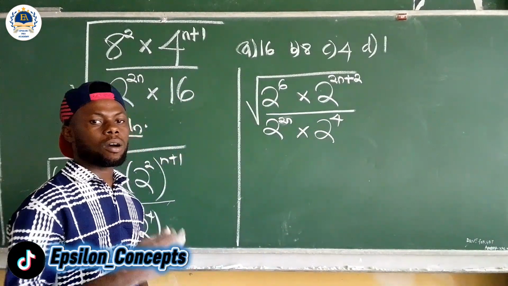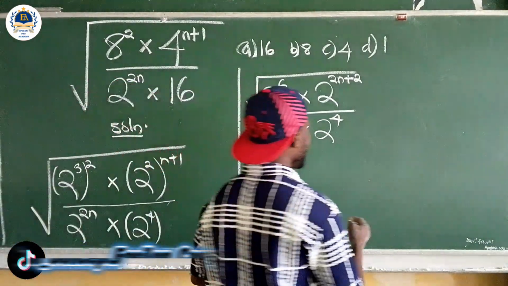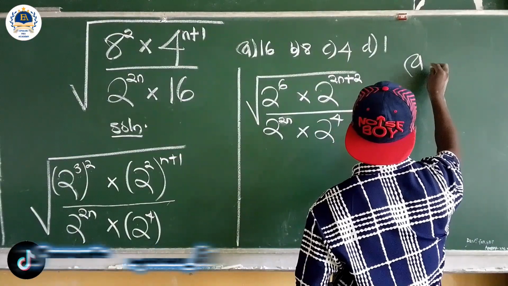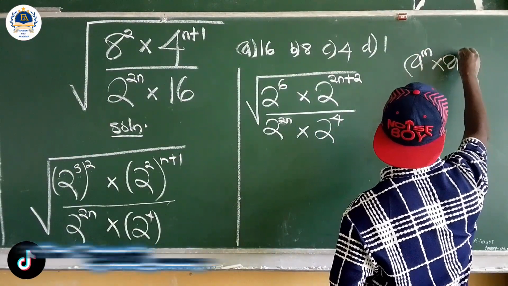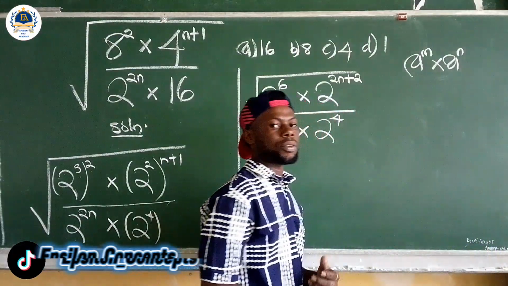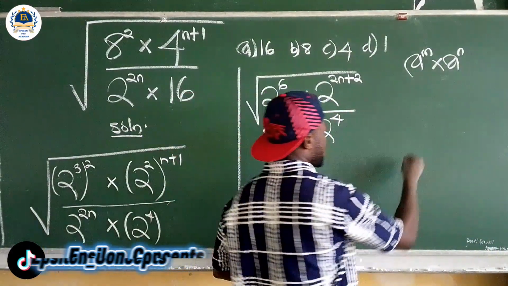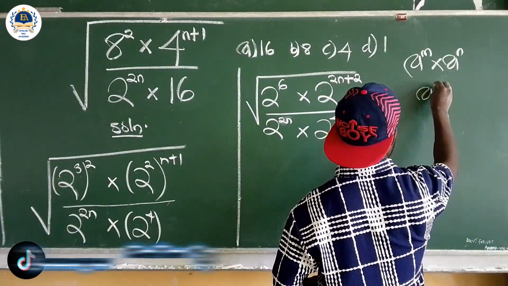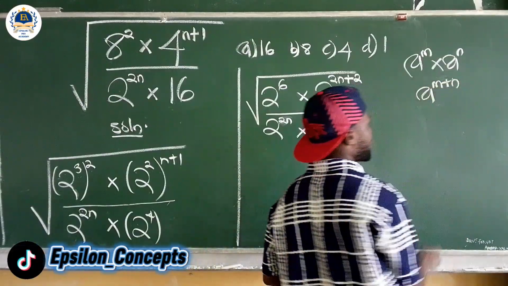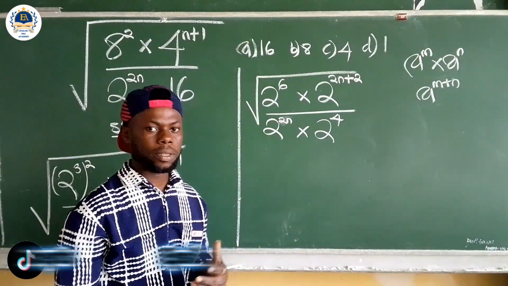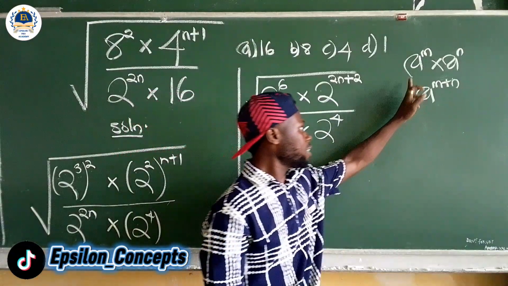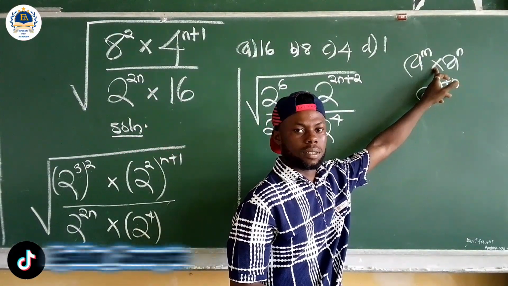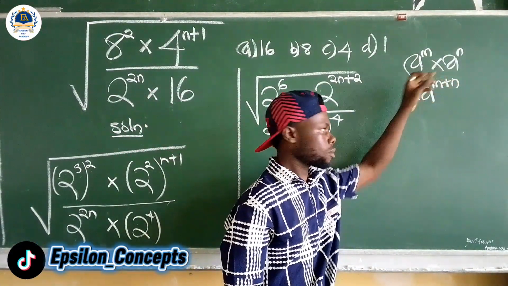Now, the multiplication law of indices states that if we have a raised to the power of m times a raised to the power of n, the result becomes a raised to the power of m plus n. Their index or their power will be added together, provided there are equal bases in the multiplication.